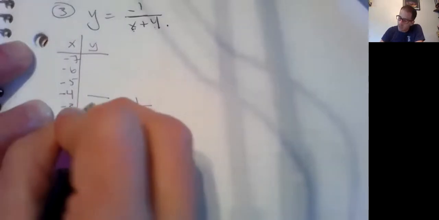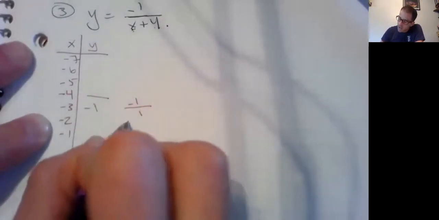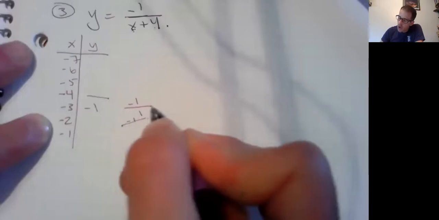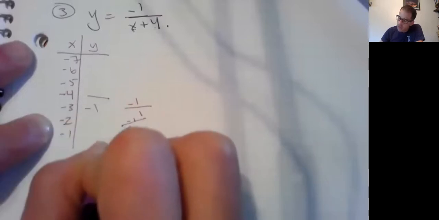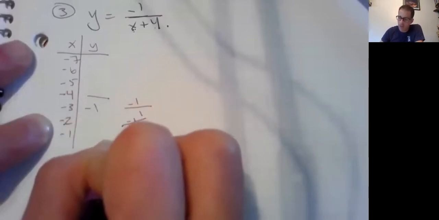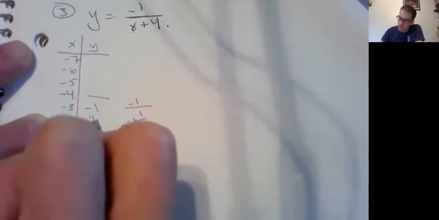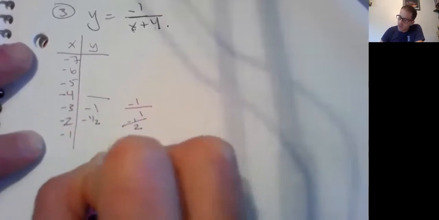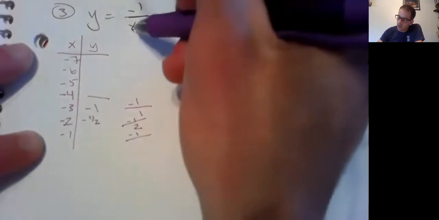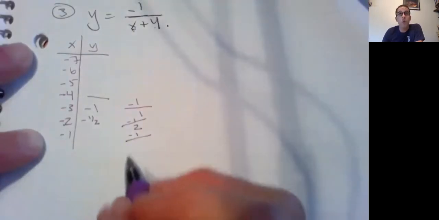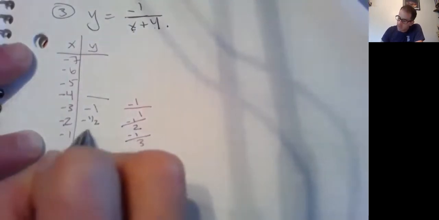So I have -1 over -3 plus 4, which is 1. So that's -1. When I plug in -2, -1 over -2 plus 4 is 2. So that's -1/2. When I plug in -1, -1 over -1 plus 4 is 3.